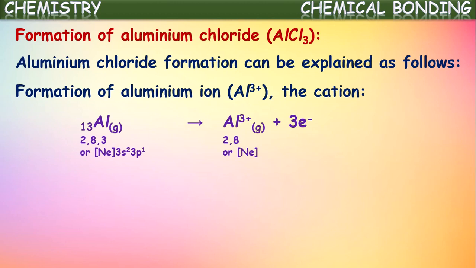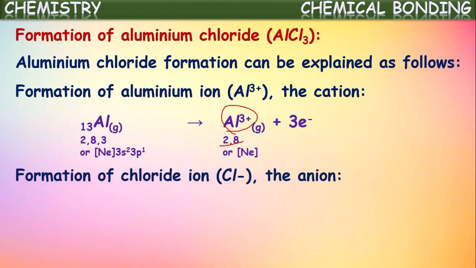It will be ready to lose these 3 electrons, and hence it attains the stable electron configuration of the nearest noble gas neon. So aluminium loses 3 electrons and forms a tripositive cation. Al3+ ion is formed in that way by the loss of 3 electrons by aluminium atoms.